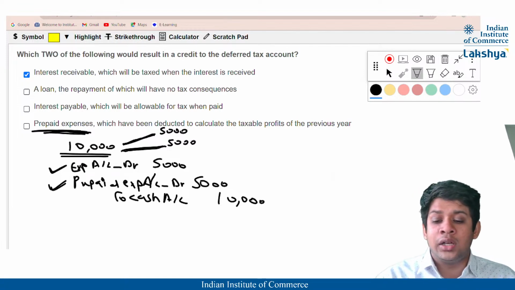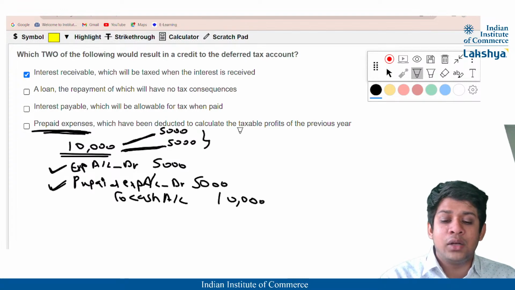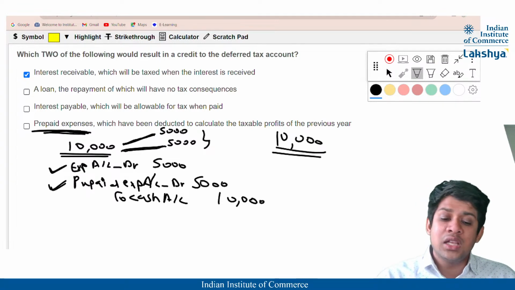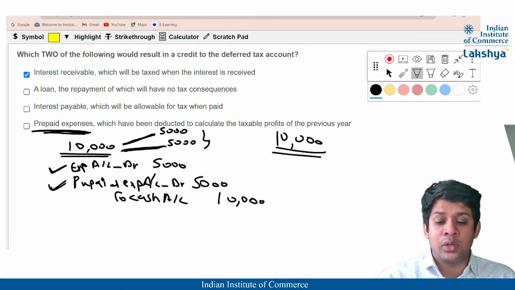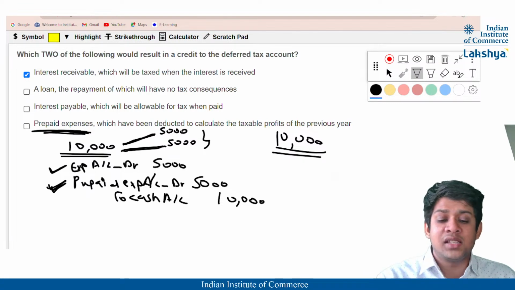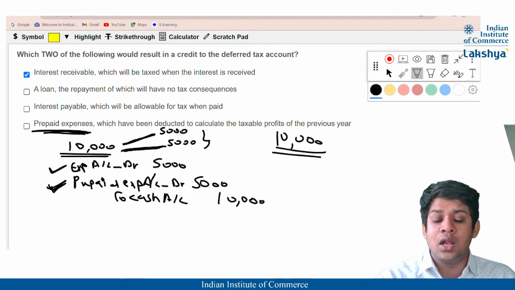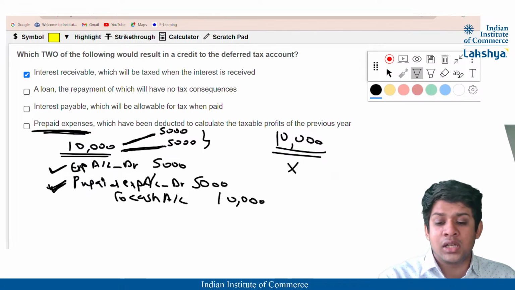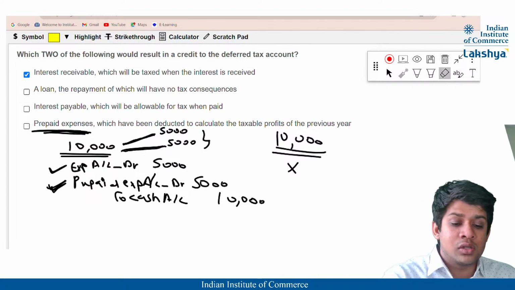But the tax authorities, according to them, my total expenses are 10,000 because I've already paid for it, right? In this year itself, they will consider it as a total expense. So that means they will give me a deduction in this year itself. So on a later date, when I state this prepaid expense as an expense to the P&L, at that time they will not give me a deduction for this, correct? Technically, mainly for the 5,000. Right?